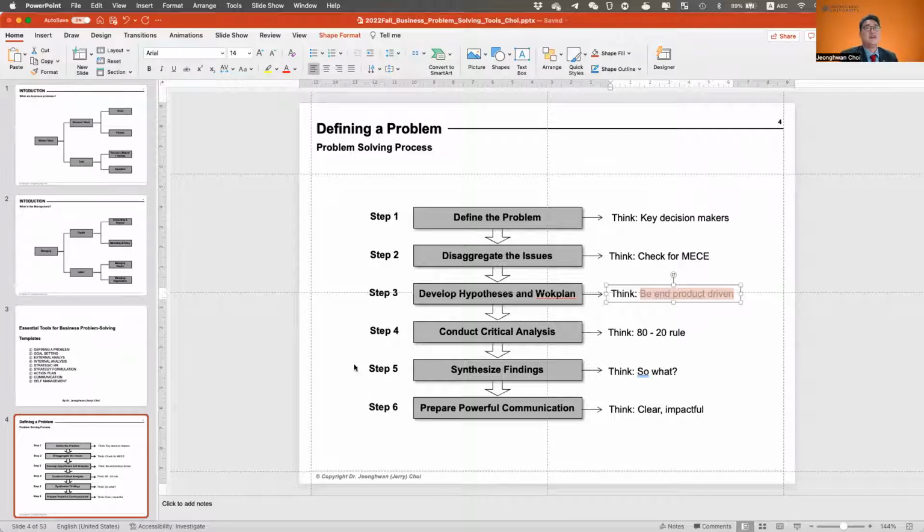Then we conduct critical analysis, including quantitative analysis, qualitative analysis, data analysis, and many analyses. Then external analysis, internal analysis, ROIC analysis, financial analysis, leadership analysis.